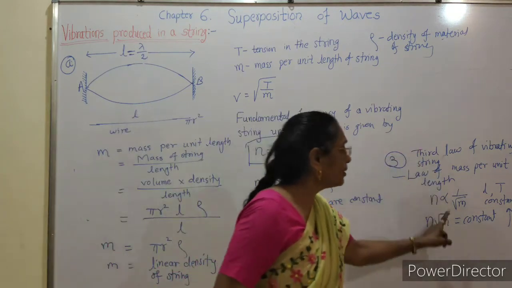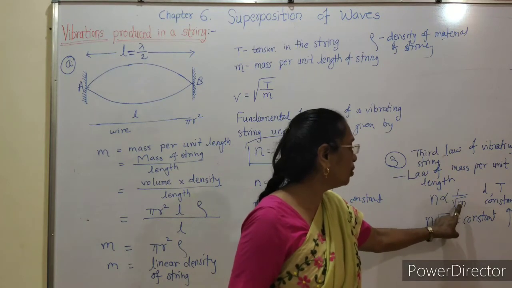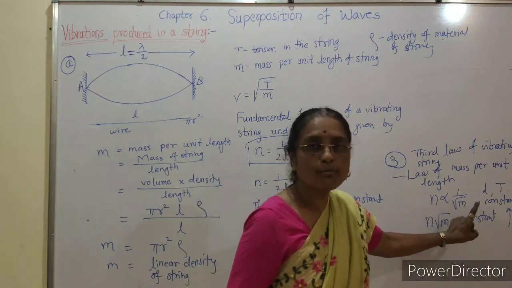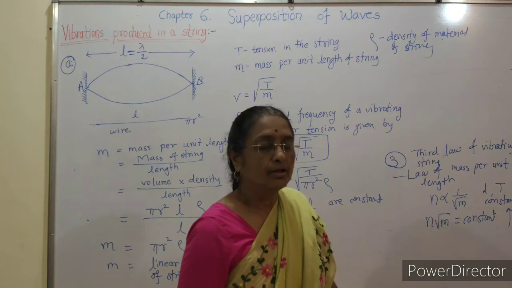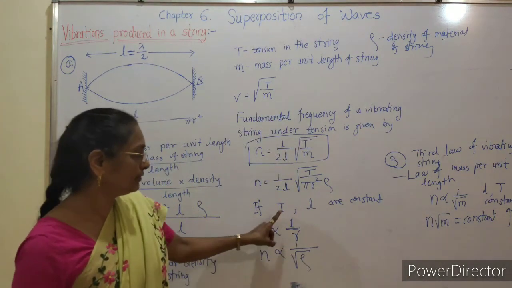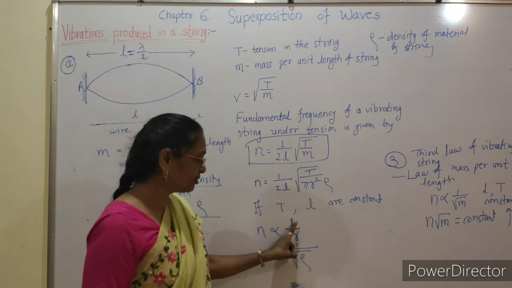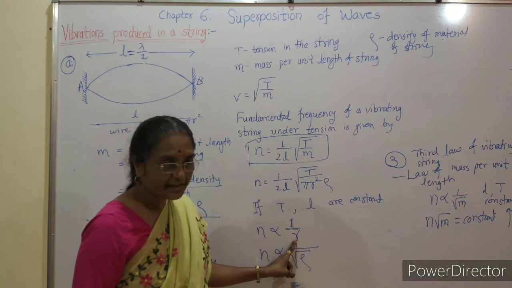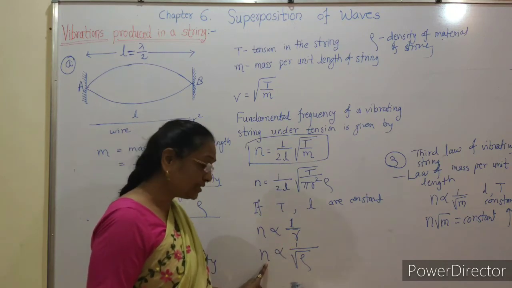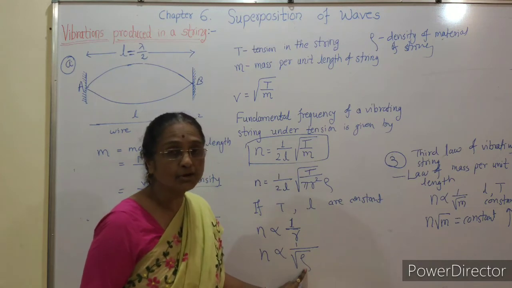So in the third law of vibrating string we have written N is inversely proportional to square root of mass per unit length. In other words, if T and L are constant, N is inversely proportional to radius of string, as well as inversely proportional to square root of density of string.